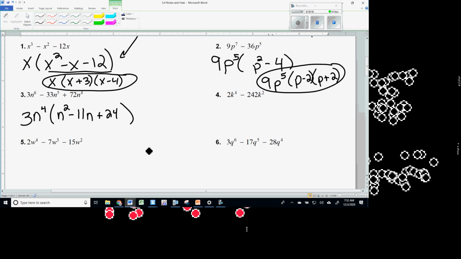So now you're looking for two numbers that multiply to give you a positive 24 and add to give you negative 11. And that's going to be negative 3, negative 8. So now we come back down here.